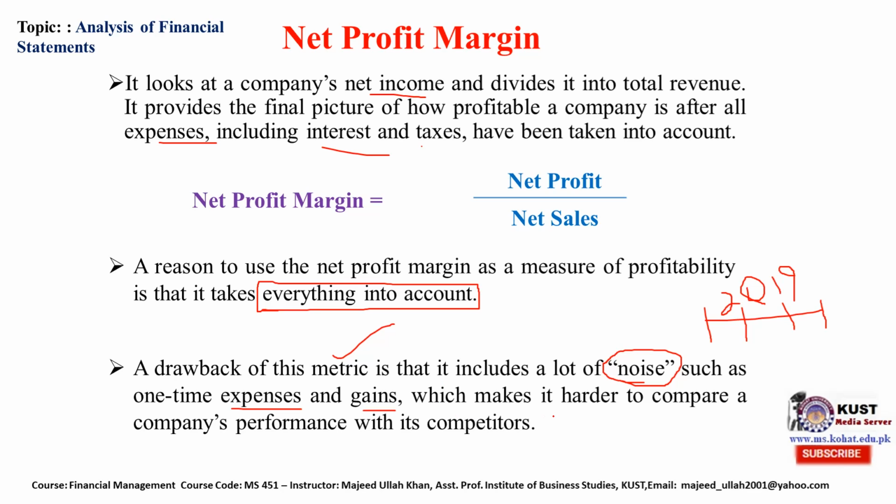This is one of the drawbacks, which makes it harder to compare company performance with its competitors, because competitors may not confront such one-time activity. So this is one of the drawbacks in comparing the net profit margin of the company with other companies.